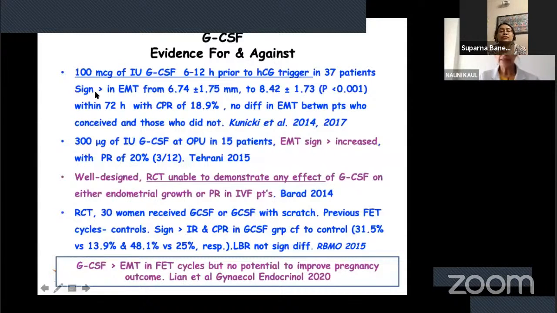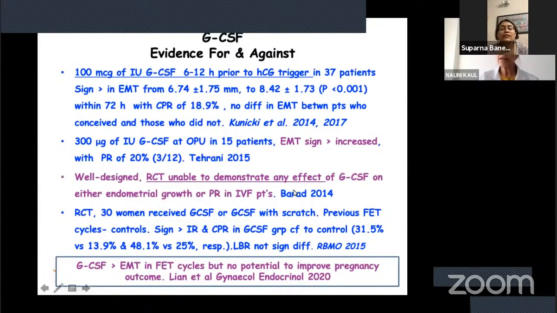Now, in this particular study, we always have evidence for and against. In this particular study by Kuniki in 2014, and then he did another one in 2017, what he found was the endometrial thickness does increase. But of the patients who conceived, they were similar in both the groups, where the GCSF had been used and where it had not been used.